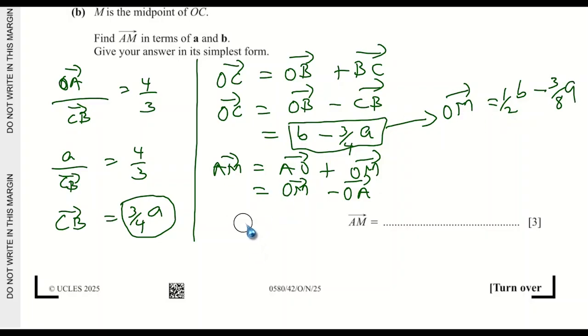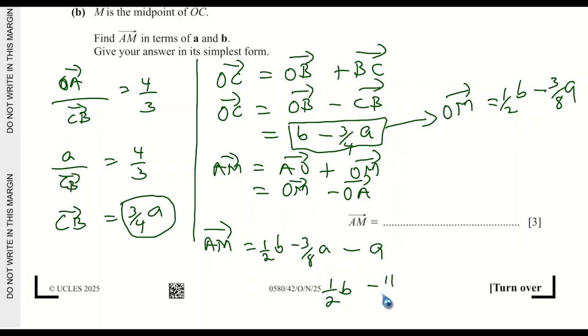So AM equals OM, which is 1 over 2B minus 3 over 8A, then minus OA. OA is A. If you simplify this now, you should get 1 over 2B, then minus 1 times 8, 8 plus 3, 11, minus 11 over 8A.